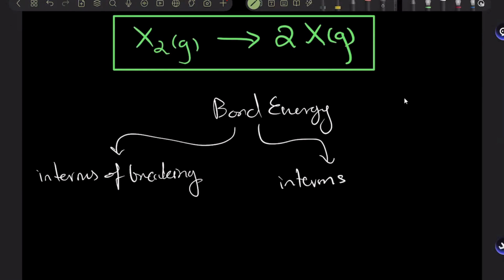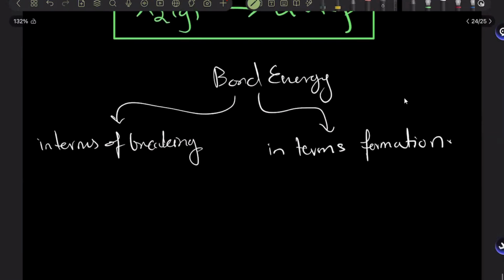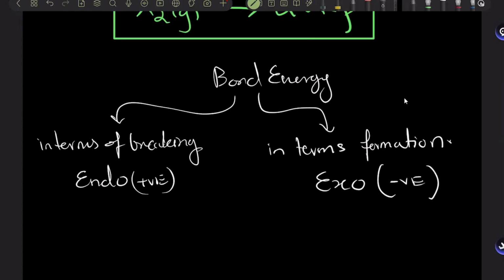But you should know that it can also be defined in terms of formation. If bond breaking is an endothermic process, that means it requires energy, then bond formation would be exothermic. It will release energy.